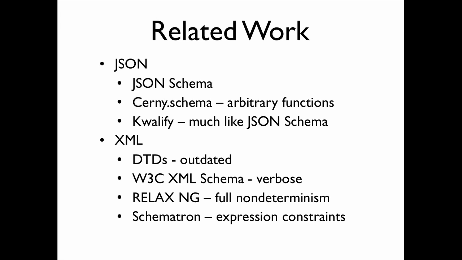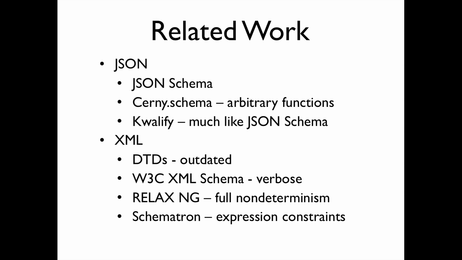Qualify is a lot like JSON schema, and then XML has a lot of different tools. DTDs, which are pretty much considered outdated by a lot of people. They're supposed to be replaced by the W3 XML schema, which is quite extensive and detailed and very verbose and has all these special tags for lots of different things. And I didn't want anything that complicated.